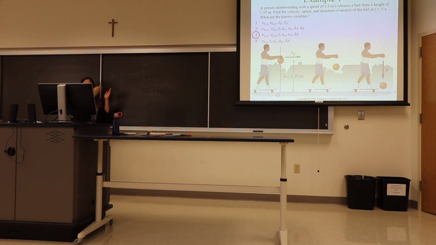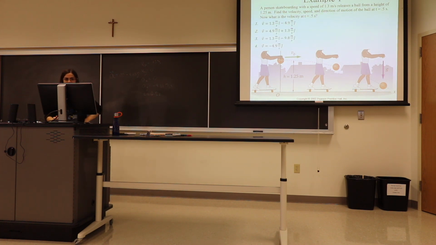There might be an initial force, but during the trajectory, the only force acting on it is gravity. So if it's projectile motion or free fall, this is your acceleration. We weren't thinking about this piece in one dimension, but now that we're using vectors, this is what it looks like.